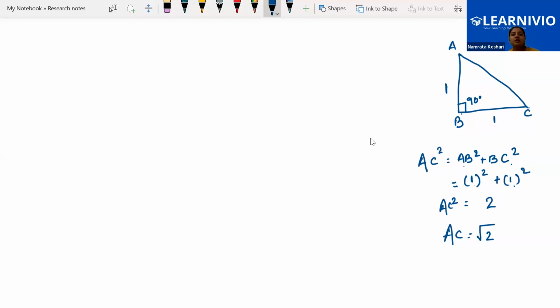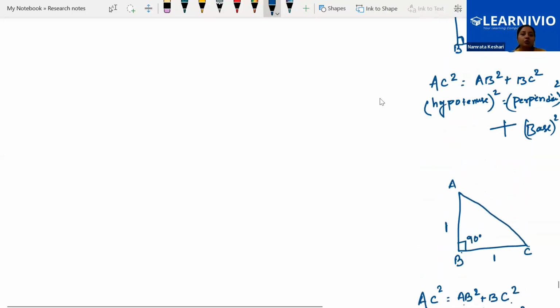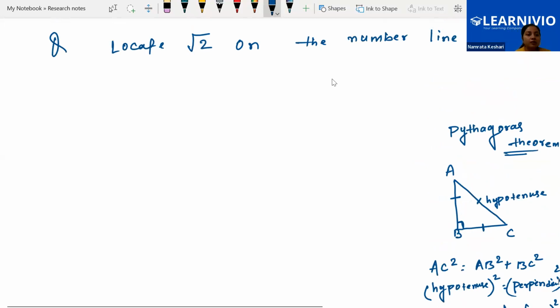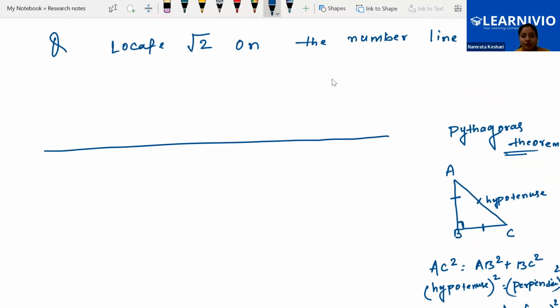Okay, so there is a trick to locate it. What is that trick? On the real line, here is 0, here is 1. So let's take from 0 to 1 as a base. Here we are going to make a triangle.